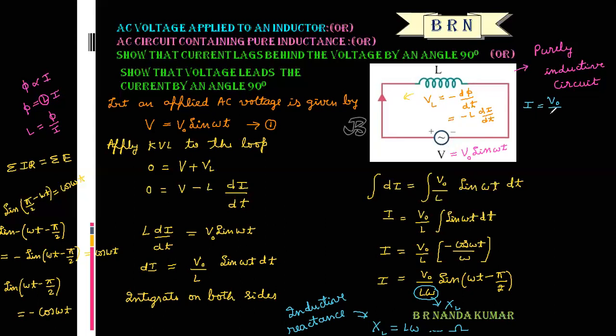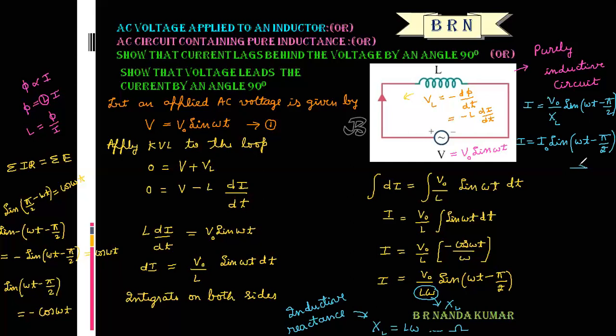So I is equal to V naught divided by XL into sine of omega t minus pi by 2. Here V naught divided by XL is actually the peak value of the current, I naught. So I is equal to I naught sine of omega t minus pi by 2.